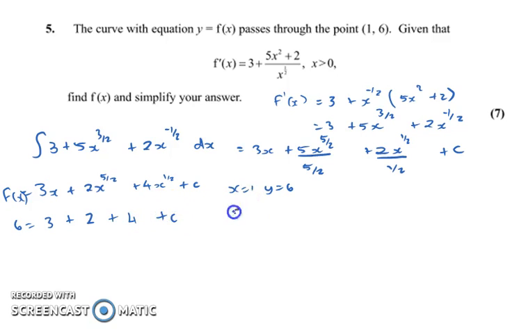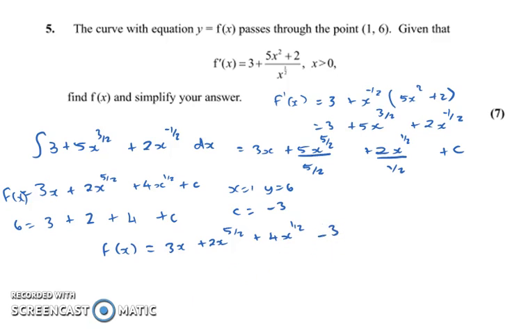Add c. Manipulating all of that, and we get that c equals minus 3. So we can now go ahead and write our final expression for f of x. F of x is 3x, add 2x to the 5 over 2, add 4x to the half, minus 3.